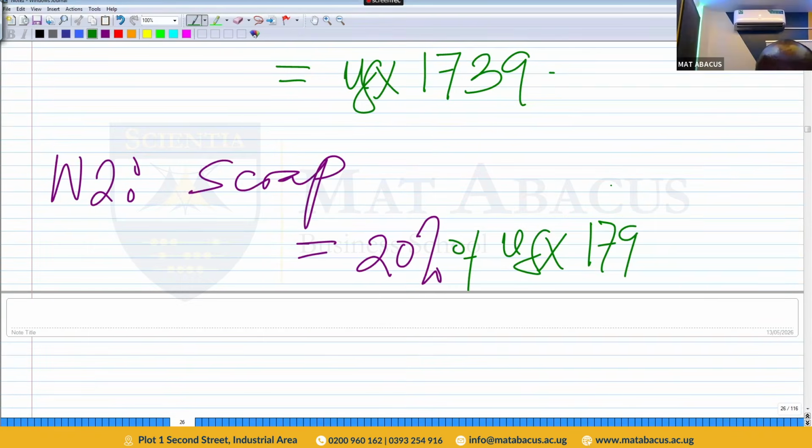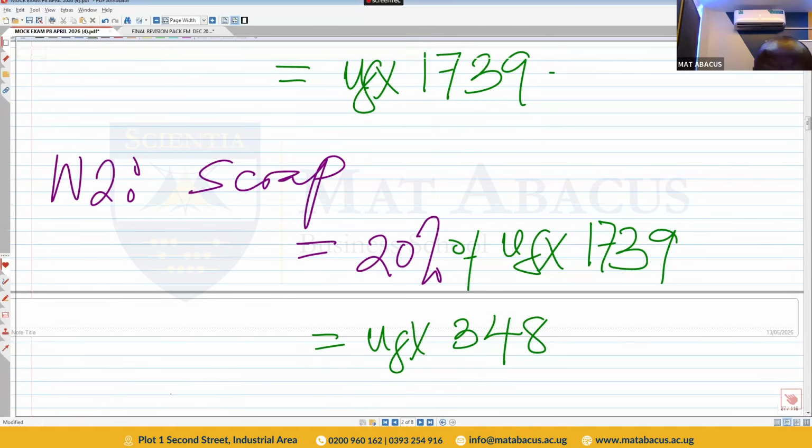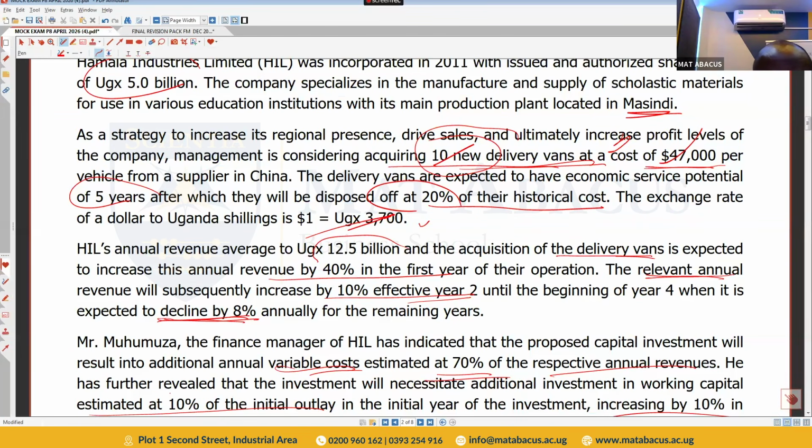We have it up here, 13139. When you multiply that, you will get UGX 348. You continue reading the case. So we have sorted out the scrap.